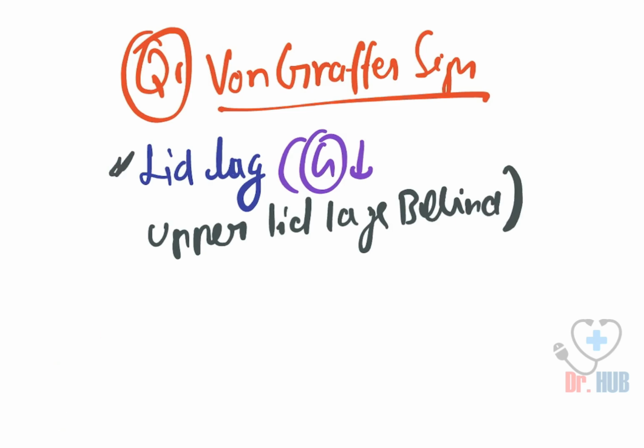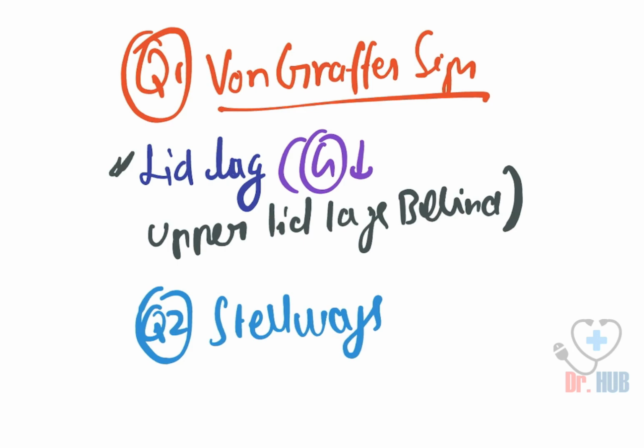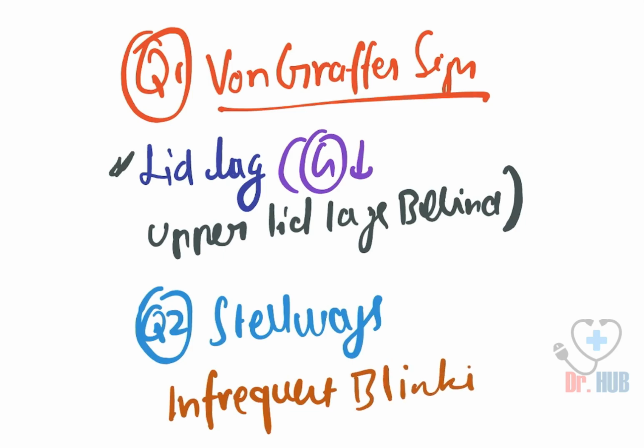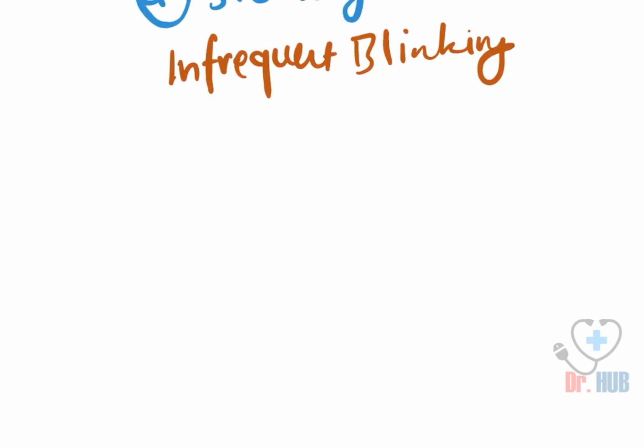Then we look at the next question. The next question we asked was, what is the Stellwag sign? The Stellwag sign basically means there is infrequent blinking. Then comes the third question we asked, what is the Geoffroy sign?